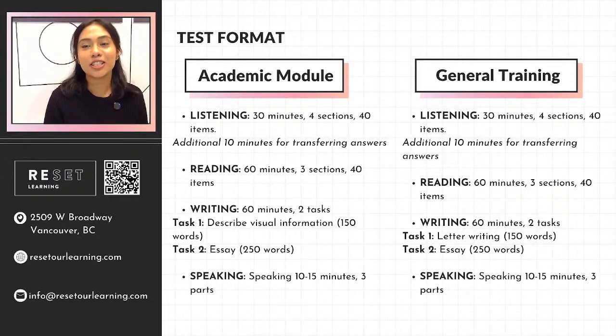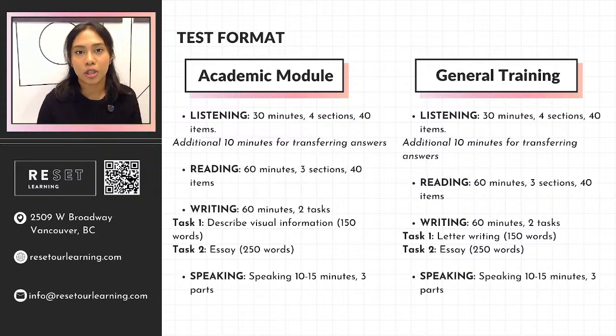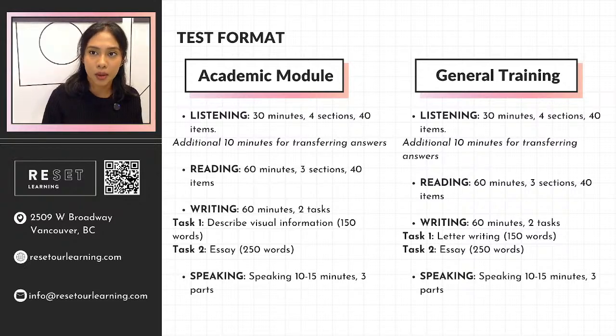Okay, so moving on to the test format. Like I said, there's 2 modules. One is the academic one, and then one is the general training. So we'll see a couple differences between these 2 types of exams. Starting off with the listening, this is very similar for both.